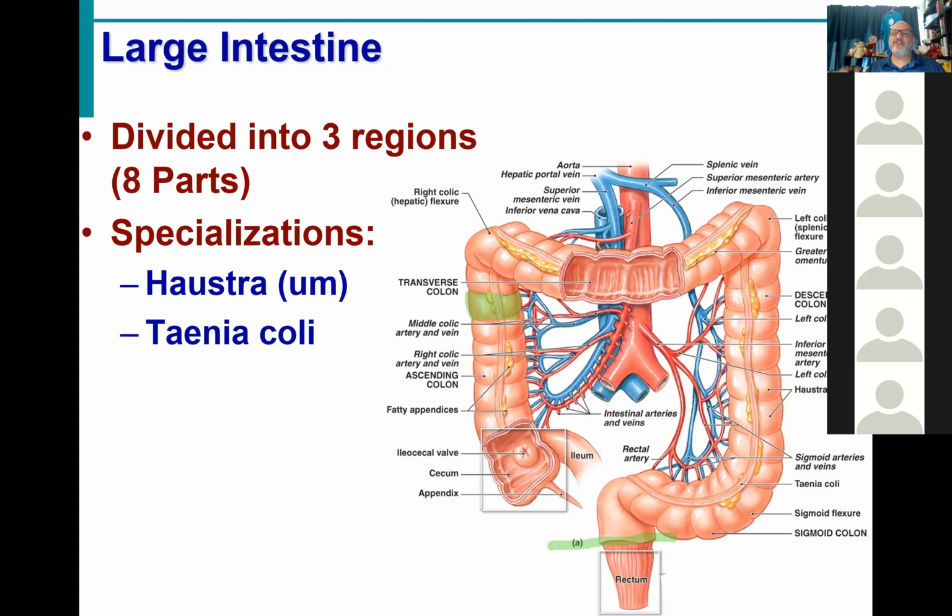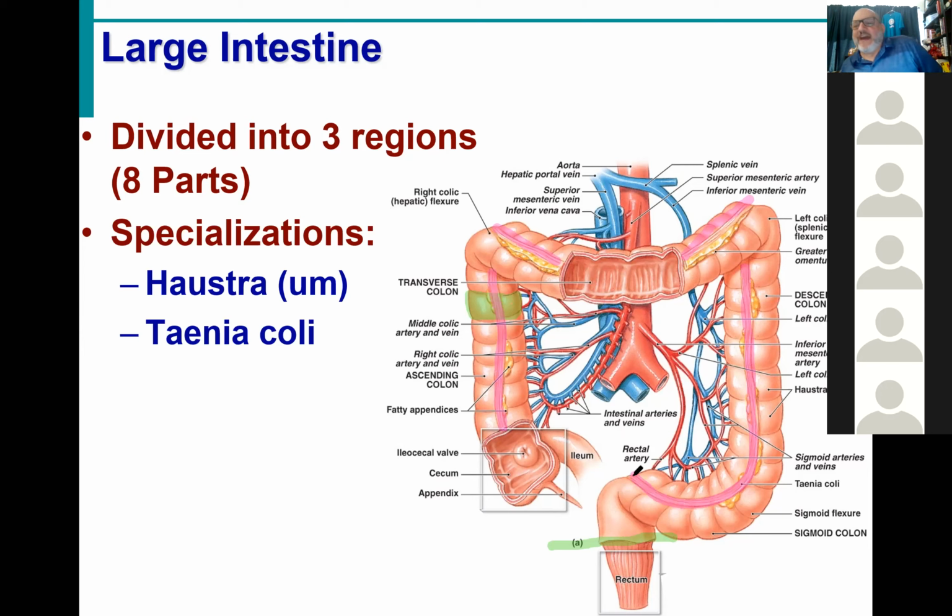Now, one of the reasons these haustra form is as you look at this, and this illustration does a nice job of showing 2 examples of it, there are some enlargements, and let's change colors again to, I think this pink will show up. There are these enlarged bands of the longitudinal muscle layer. So obviously we have a circular muscle and a longitudinal muscle layer of our muscularis externa. We have seen how the circular layer can enlarge to become sphincters.